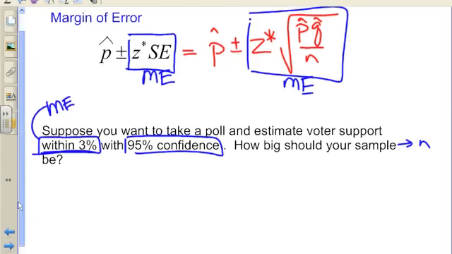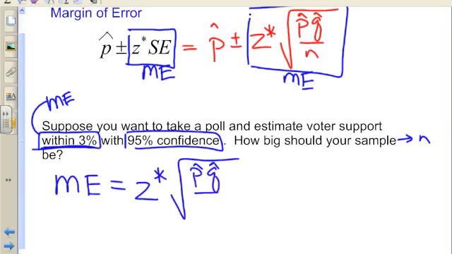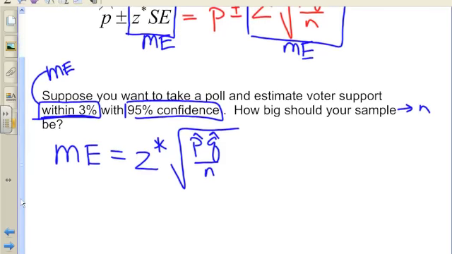So I can actually set up an equation. The margin of error is the same as saying my z star times my square root of p hat q hat over n. That's just a sentence in English. Margin of error is this chunk of the formula. So now I can fill in some pieces from the story problem.